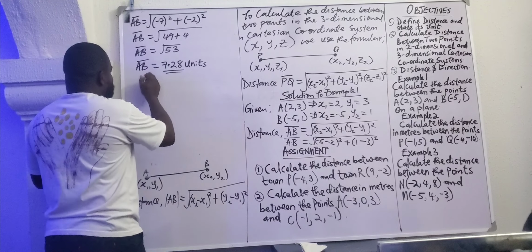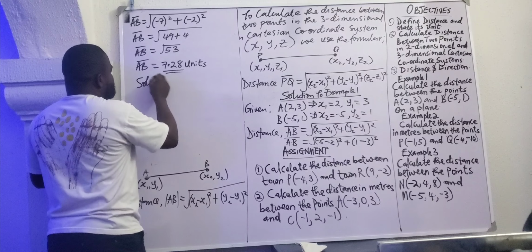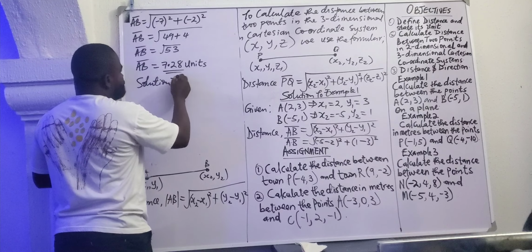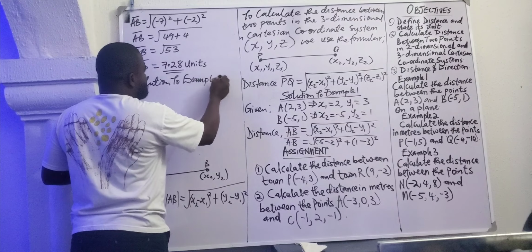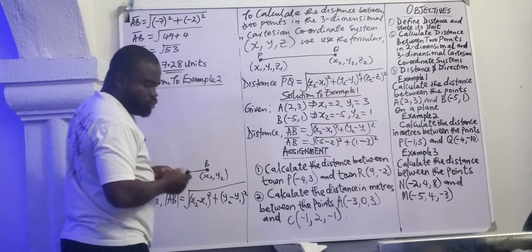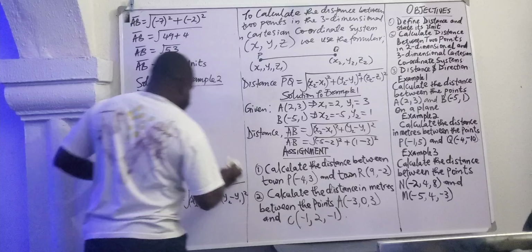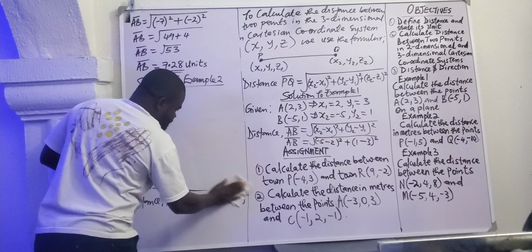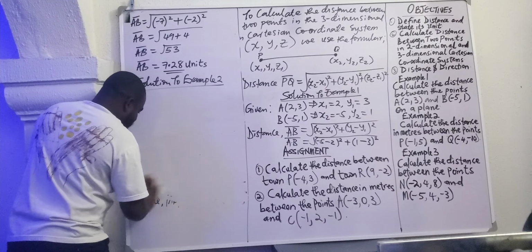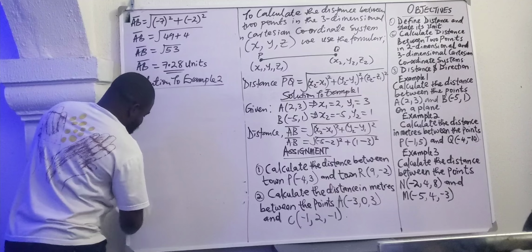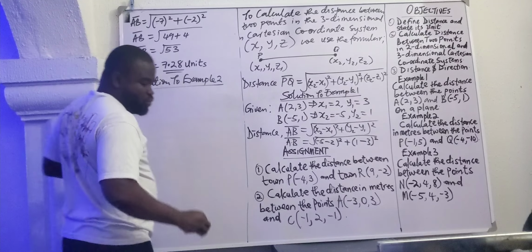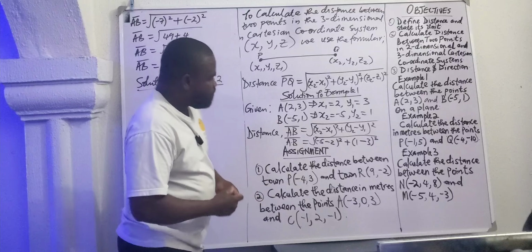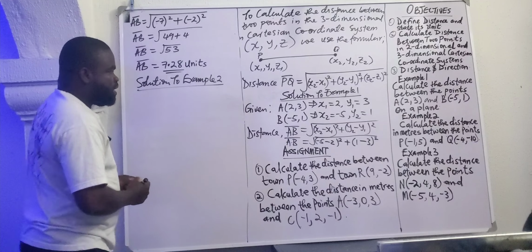So let's look at the solution to example 2. Now, there's a reason I'm doing example 2. It's just to show us how to handle the minus sign. To be very careful how you handle the minus sign, because like I said, if not handled properly, it will introduce error into your work and you will not get the correct answer.